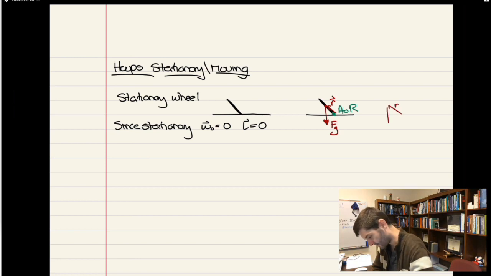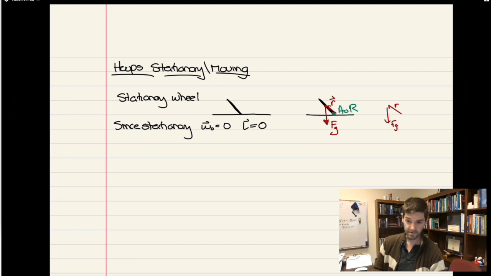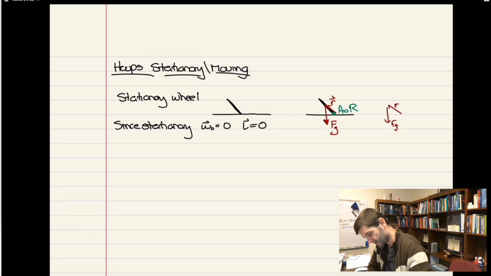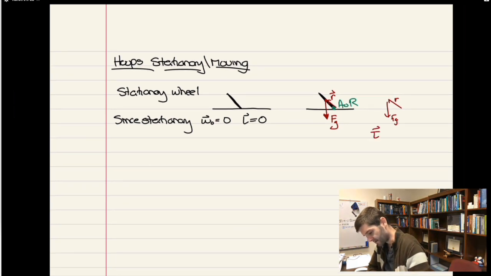You have R, and you have F sub G. If I do the cross product, right hand fingers along R, sweep them down so that they point downward towards where gravity is. My thumb points out of the screen. So I would say that the torque vector, whatever it is, points out of the screen.